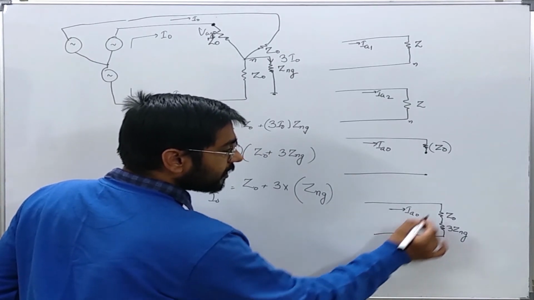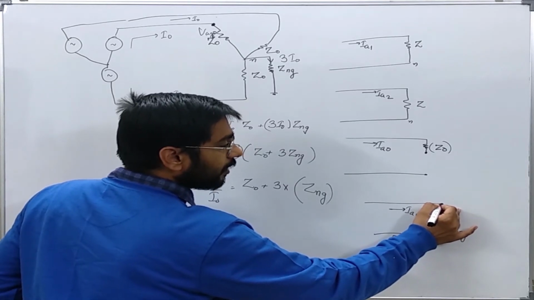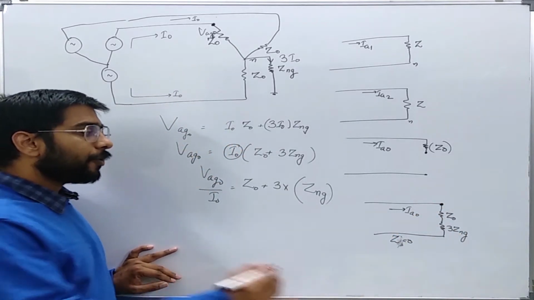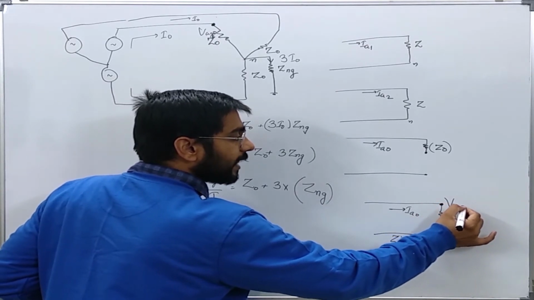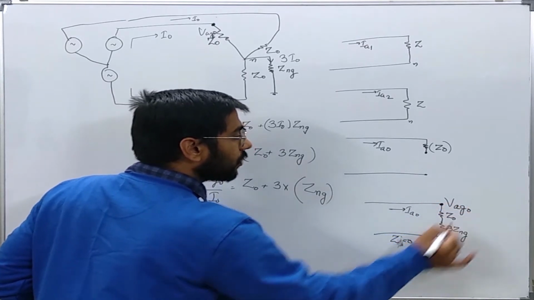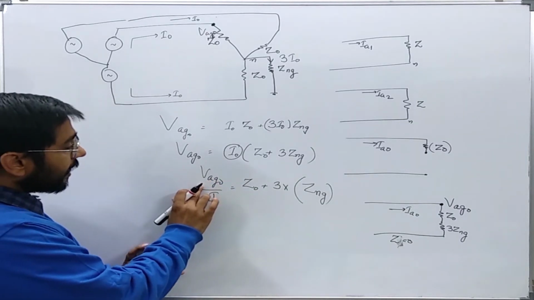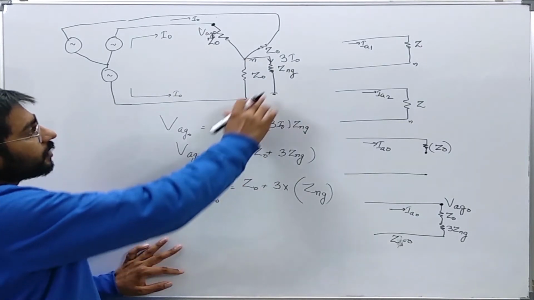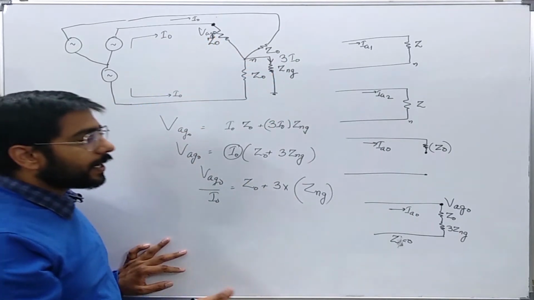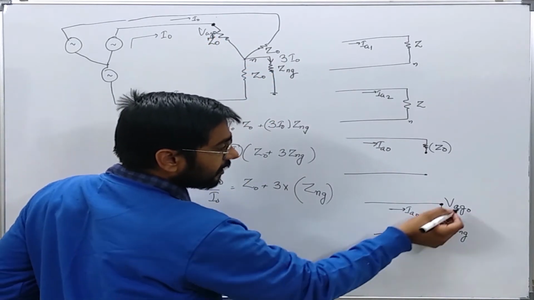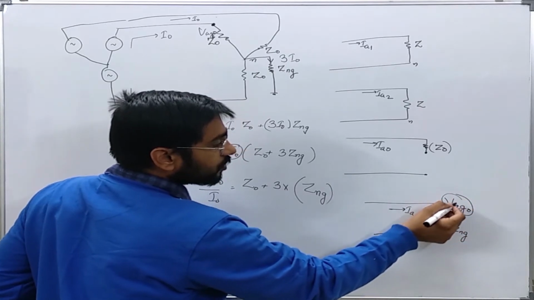Now you can clearly see that at this point I am going to get the true value of the voltage of this point with respect to ground. This voltage is with respect to the true ground. So this is the reference bus, and this gives me the voltage of this point with respect to true ground.